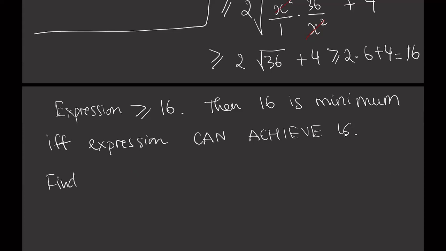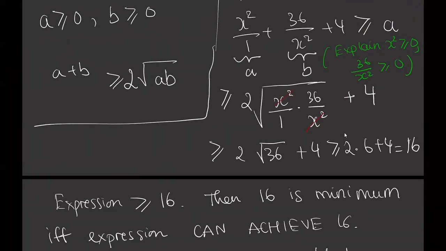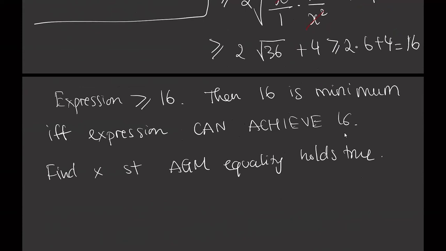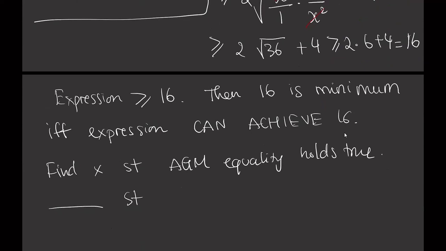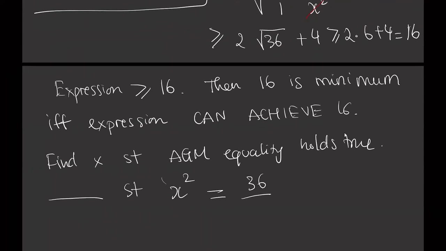So the point here I want to make is that for question asking finding minimum or maximum, you have to find x such that AGM equality holds true. Okay? Which means I have to find x such that A equal B. It means find x such that A here is x squared and B here is 36 over x squared.